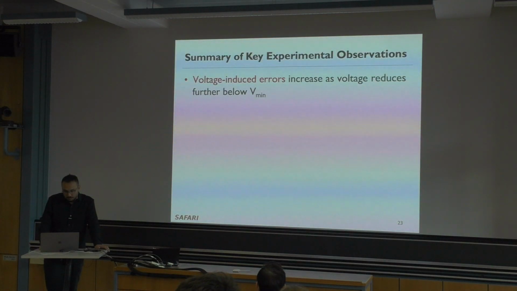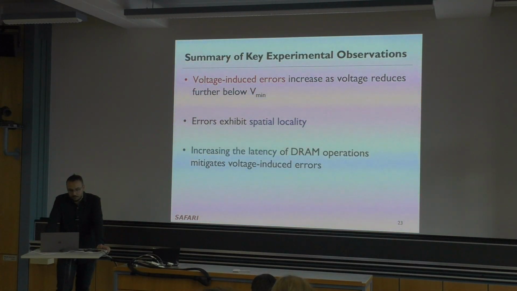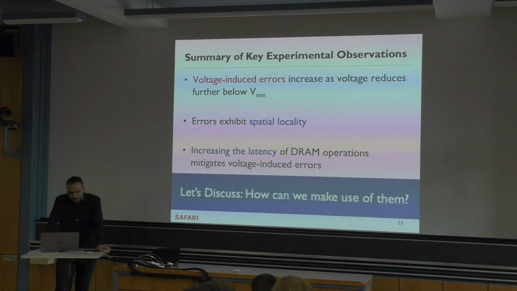And if we summarize the key experimental observations: we reduce the voltage and the error rate increases, these errors exhibit some spatial locality, and increasing the latency can give us reliable operation.